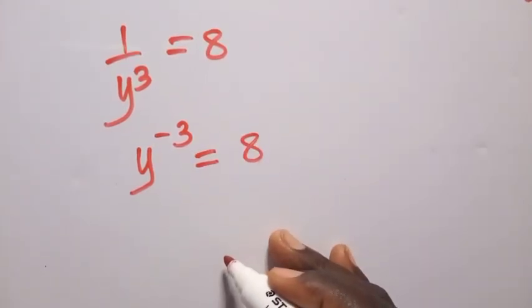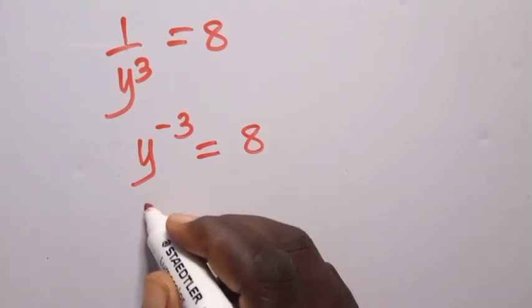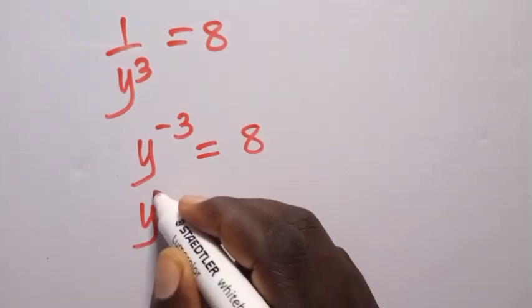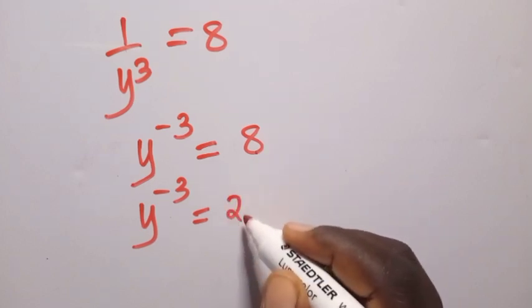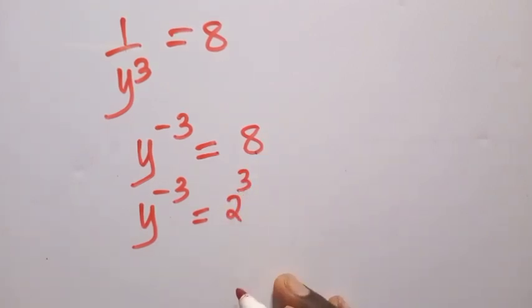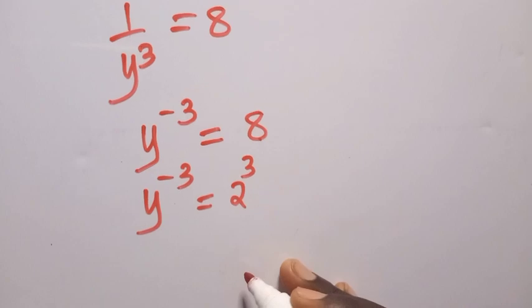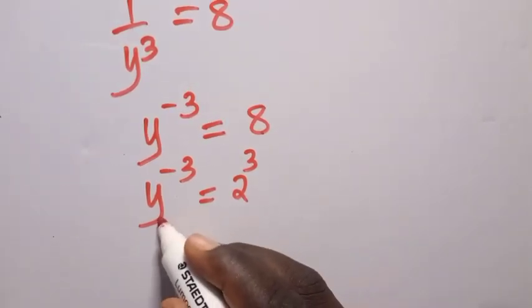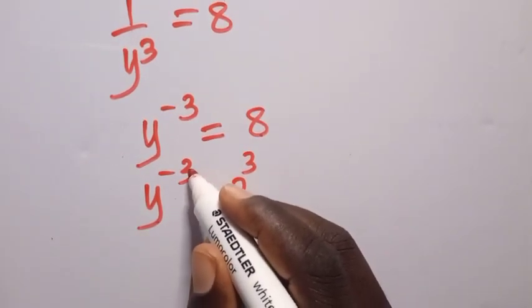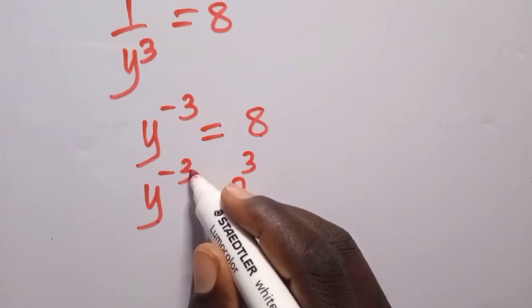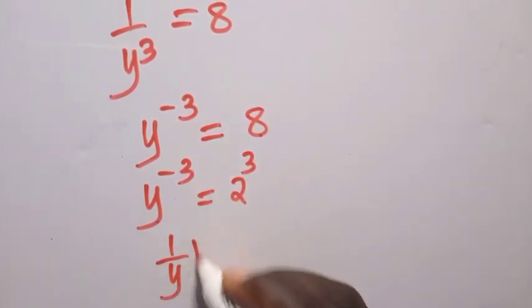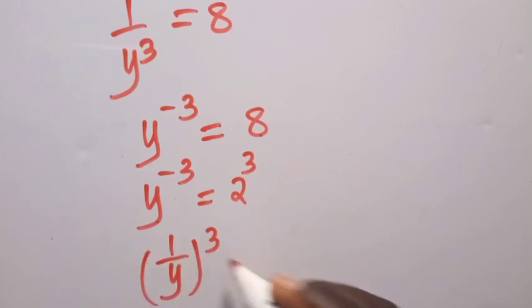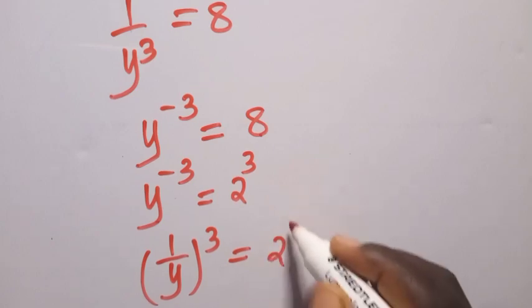And 8 can be written as 2 raised to 3. From there, we can have y raised to negative 3 as (1 over y) raised to 3, equals 2 raised to 3.